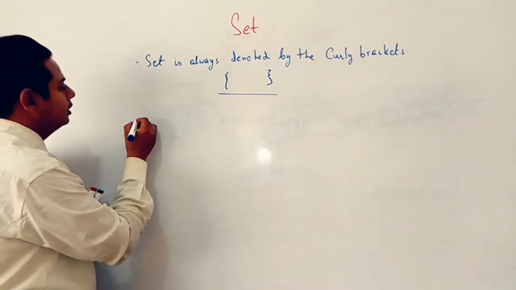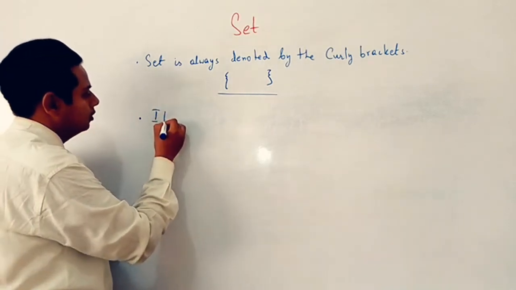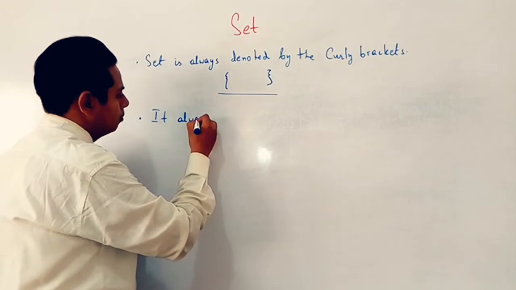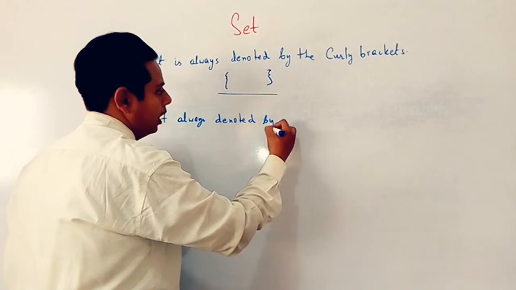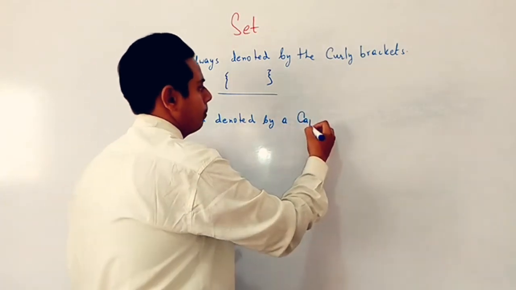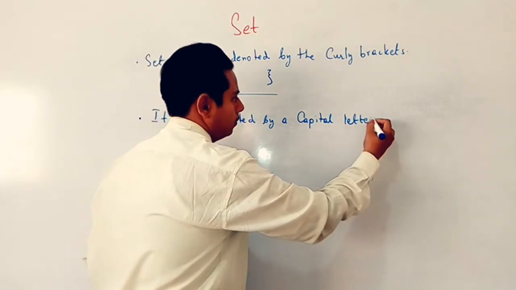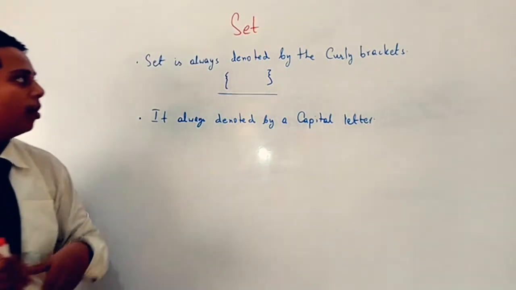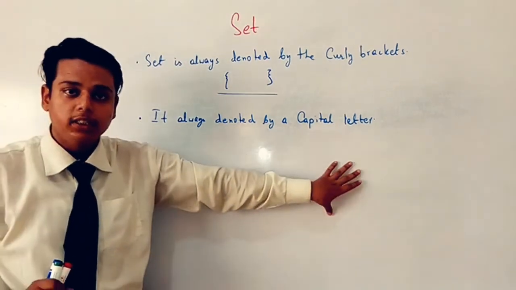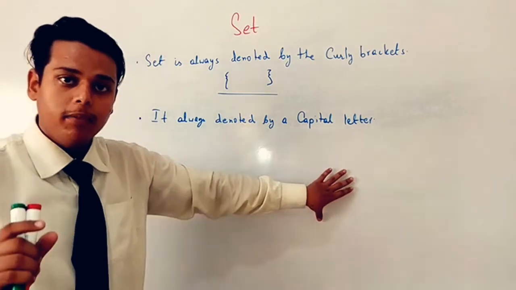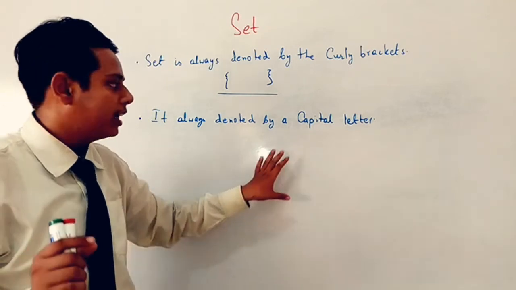Okay, the second point is that it is always denoted by a capital letter. Whenever we are talking about a set, the set is denoted by a capital letter, which means there is a specific name of the set which is denoted by the capital letter.